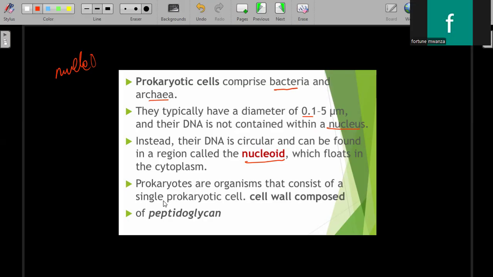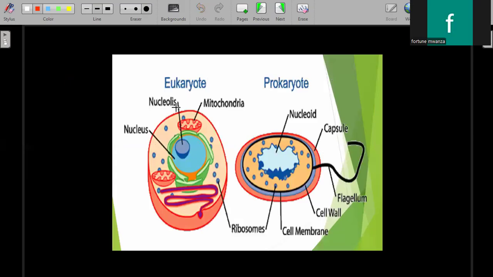Like we've mentioned, these are composed of single cells, and they have what we call peptidoglycan in their cell wall. This here is a eukaryotic cell. A good example of a eukaryotic cell is a plant cell and an animal cell. For a prokaryotic cell, you can have bacteria.